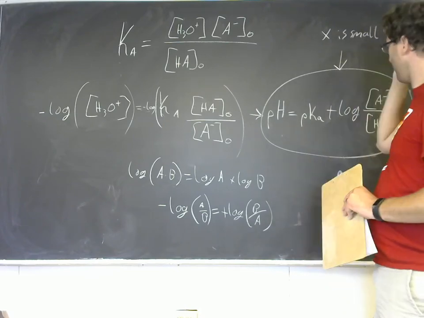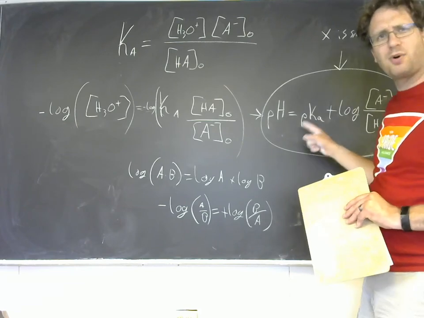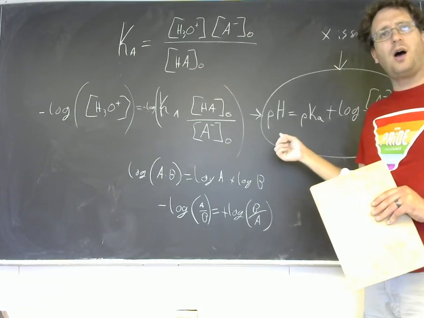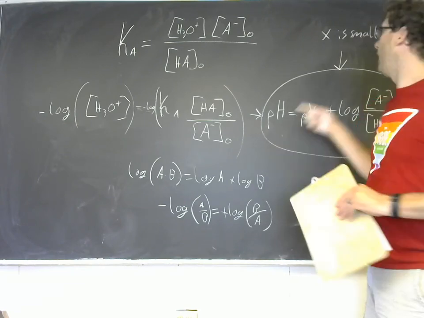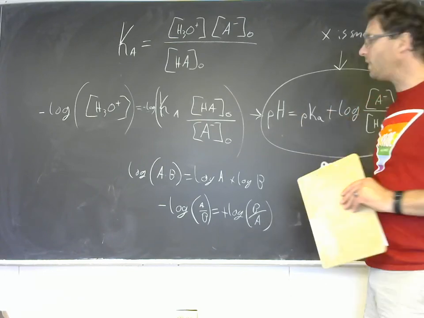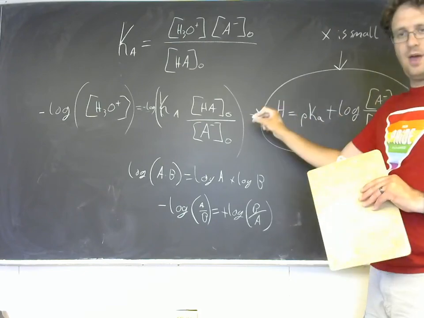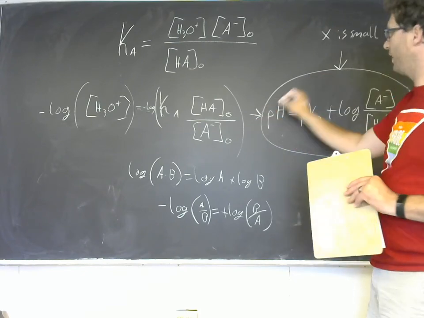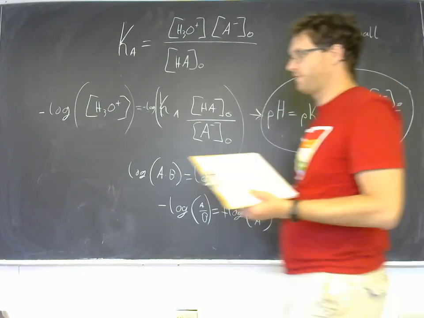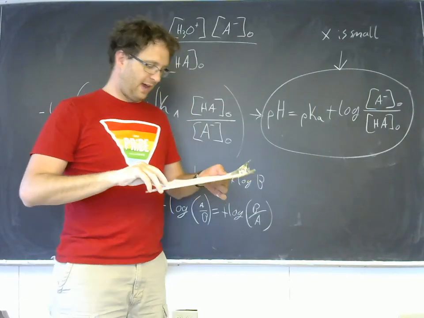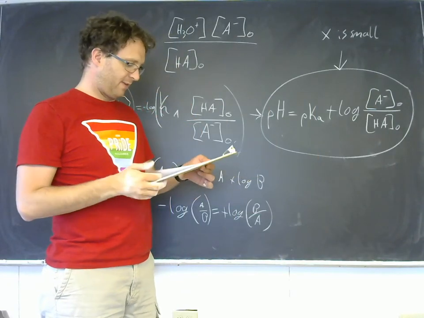And so the Henderson-Hasselbalch equation isn't perfect. It only works under those conditions where x is small. But for buffers, that condition is great, and this is our equation to find the pH of a buffer.